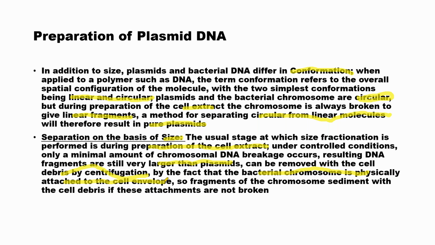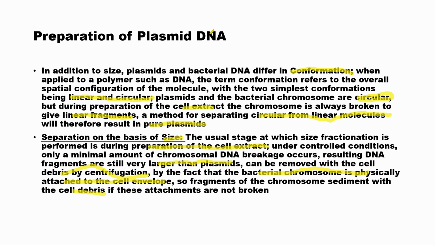As a result, it is easy for us to separate smaller circular plasmids from larger linear fragments, since these larger linear fragments will always remain with the cell wall or the cell wall debris. Clear? This is what we have to identify when we are going for separation of plasmid DNA based on size. Hence, fragments of chromosome will sediment with the cell debris if these attachments are not broken.